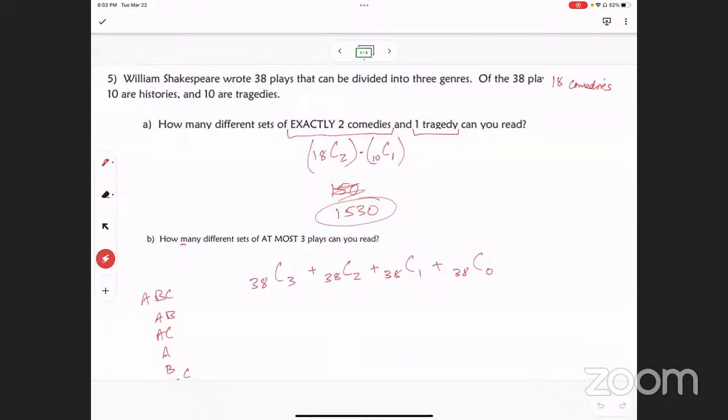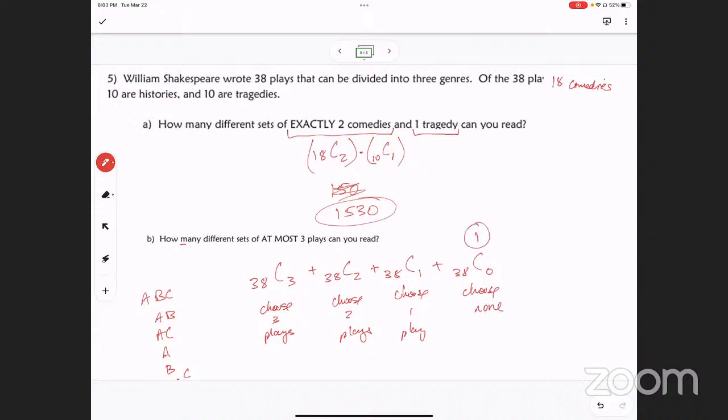It is tricky stuff, but when you see words like at most 3 plays, the events are choose 3 plays, or choose 2 plays, or choose 1 play to read. You see how those are separate events? Or choose none. There's one way to choose none.